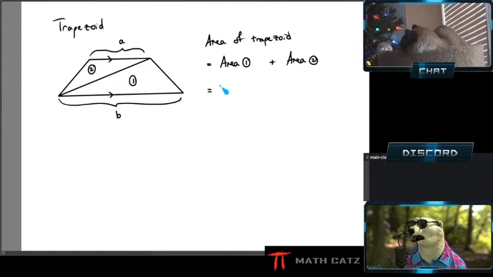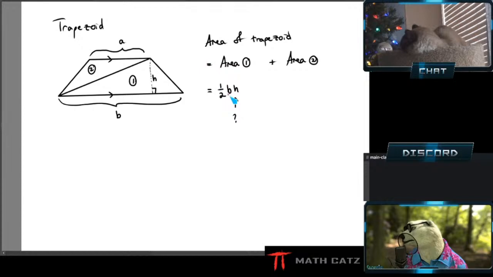Now for that, I know I need 1/2 base times height. What is the height? The height is going to be this distance between the two parallel lines again. So in order to calculate the area of the trapezoid, I need to know beforehand the perpendicular distance between the two parallel sides.